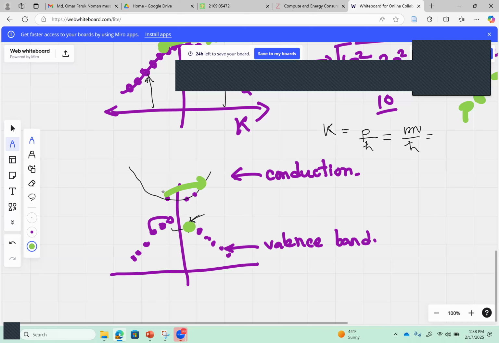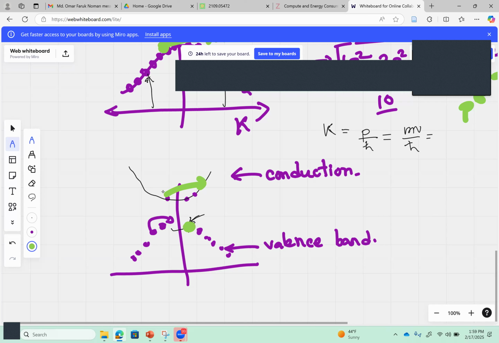Okay, so until you excite electrons to go from the lower bunch to the higher bunch, you may not be able to see any current. So if, let's say, in the valence band, all the states are already occupied by electrons, there are electrons, but because nothing is empty, this valence band won't be able to contribute to current conduction.